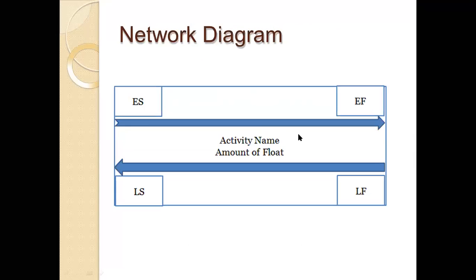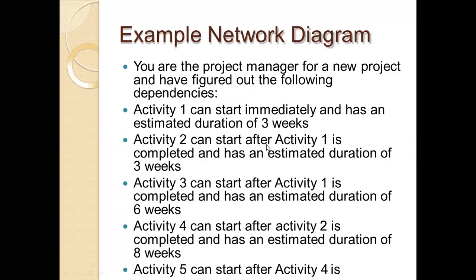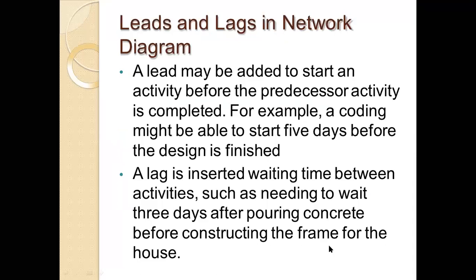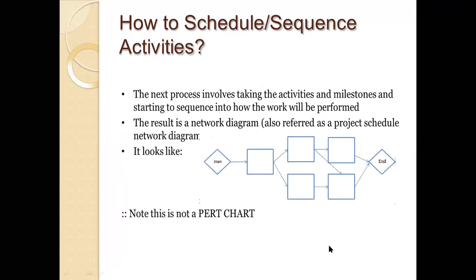So here we have activity 2 with a duration of 3 weeks, and it can only be started when activity 1 is completed. Here we have activity 2 and here activity 1. So activity 2 can only start when activity 1 finishes. In this way it works.